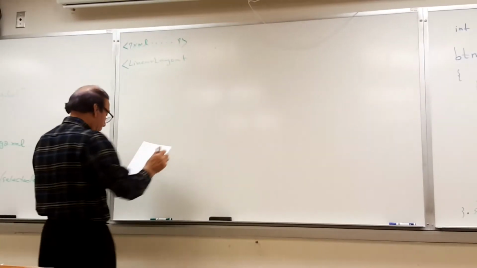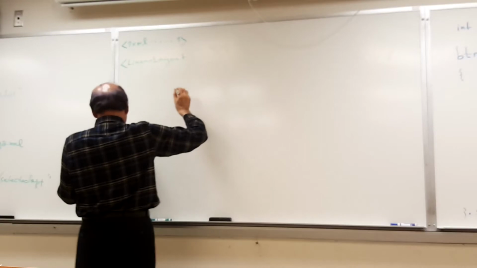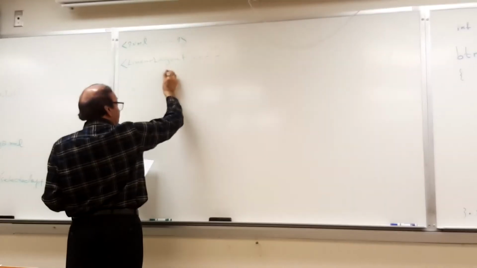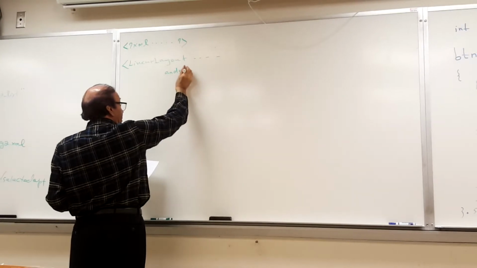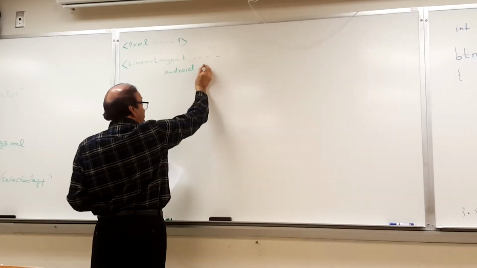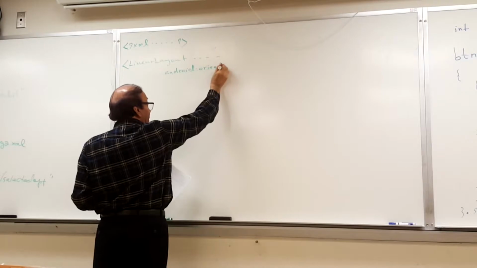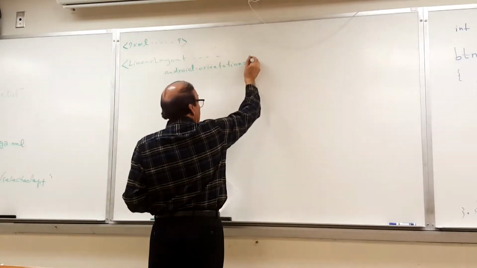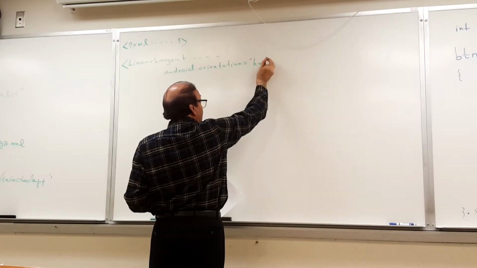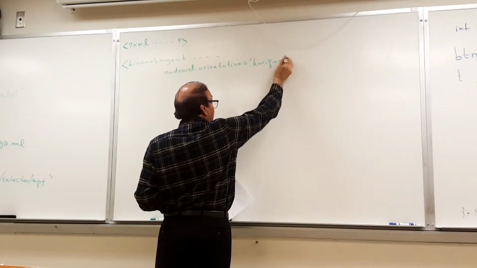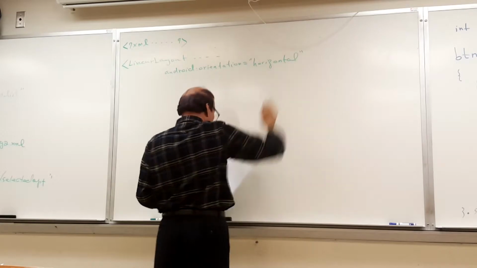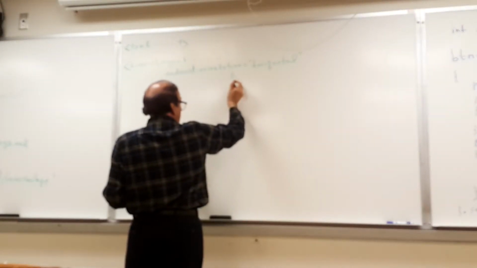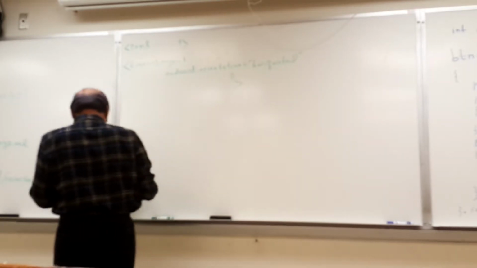Okay. So we're going to put whatever it is, Android orientation equals horizontal. And whatever attribute you have doesn't really matter, and we close it.